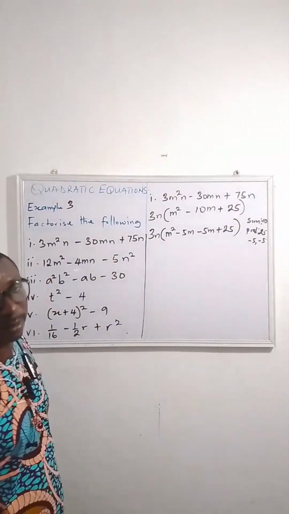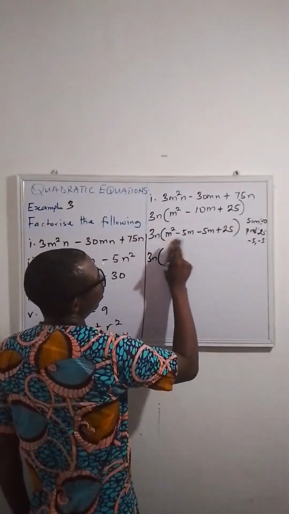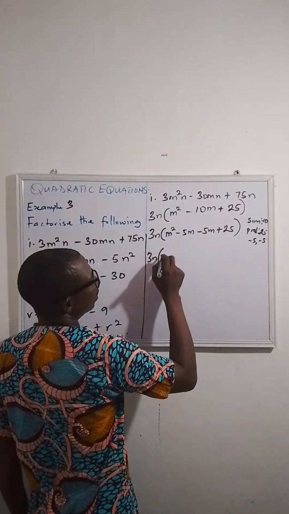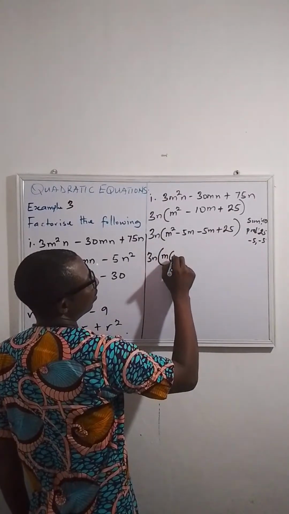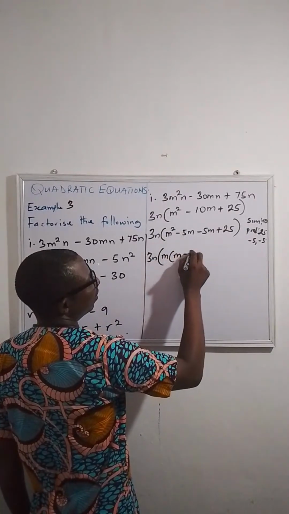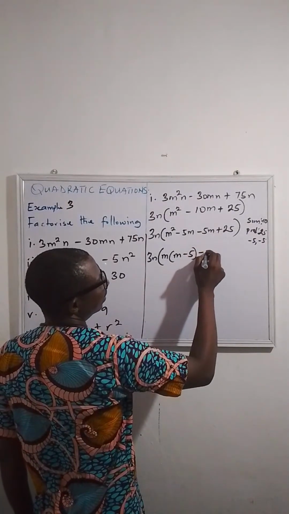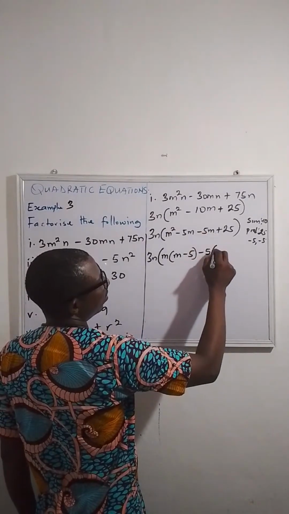Okay, you get that? So you have 3n. Now, what is the GCD of these two terms? The greatest common divisor. That's m. So you can factor that out. So when you divide this by m, you have m. Divide this by m, you have negative 5. Okay, what of this? You have negative 5. So when you divide this by negative 5, you have m.